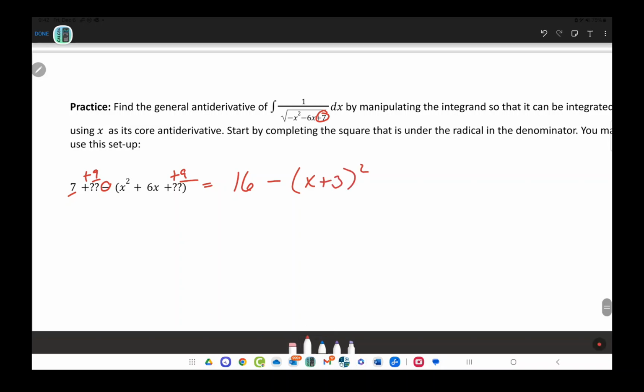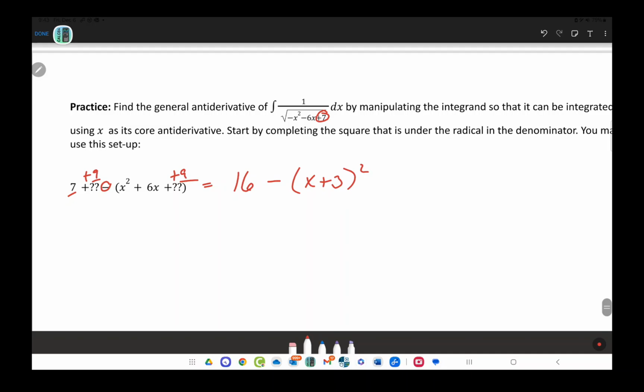Now, again, why did I add 9 inside and outside instead of subtracting 9 outside? Yeah, the negative in front of the parentheses means technically I subtracted 9 inside. So to balance that out, I have to add 9 outside. If it makes things easier, you could factor out a -1 after you put the value there.